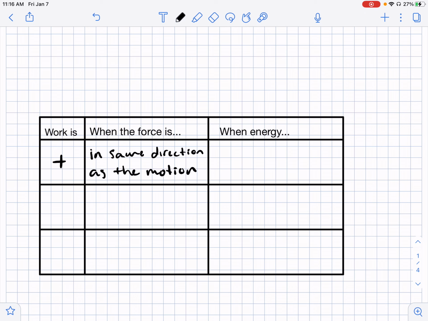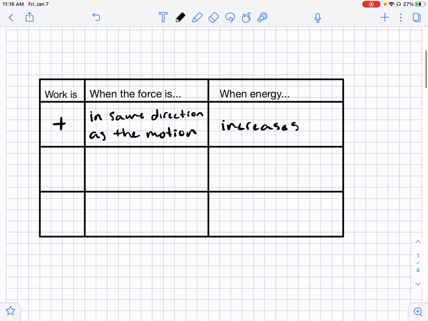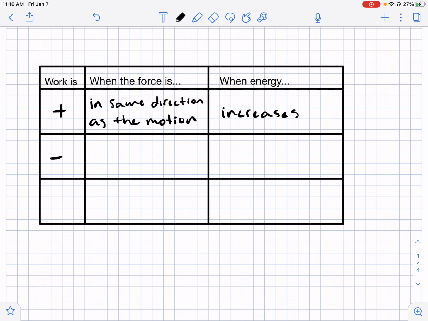And in terms of energy, work is positive when the energy increases. Work is negative in terms of forces when the force is in the opposite direction of motion. And in terms of energy, work is negative when the energy decreases.